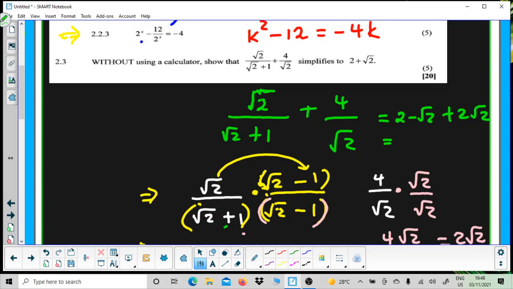What is 2 root 2 minus root 2? It is just root 2. Exactly where they wanted us to go. So I don't know if you were going to do it like this. Rationalizing is just you rationalizing the denominator actually. So here I just reminded you the whole process of rationalizing the denominator.